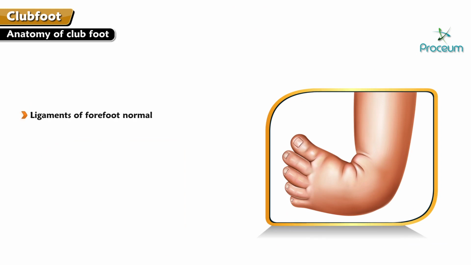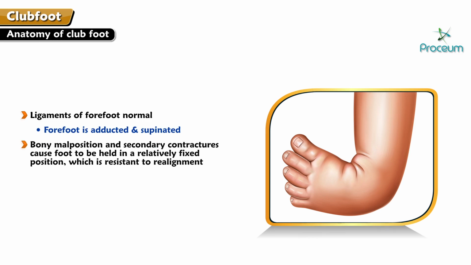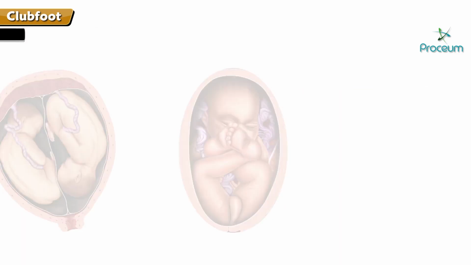The ligaments of the forefoot are normal, but the forefoot is adducted and supinated. Bony malposition and secondary contractures cause the foot to be held in a relatively fixed position, which is resistant to realignment. The clubfoot, calf, and leg are smaller and shorter than the normal limb.